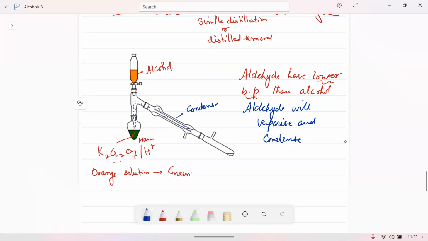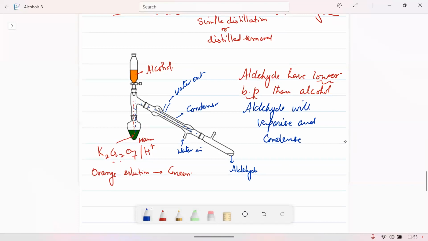We know that water is always in from the lower one. We have talked about this before. At the back there must be an outlet, which is water out, to keep the inner tube cool. So the vapors of the aldehyde will go over here and collect over here.